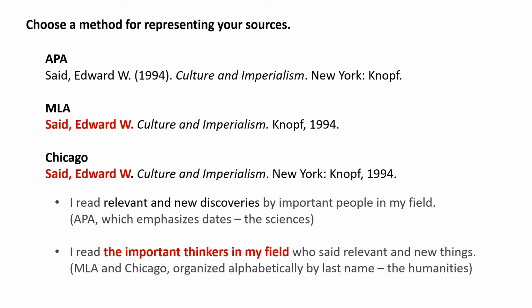The MLA and the Chicago both emphasize the author first, and the date comes at the end. In other words, I read the important thinkers in my field who said relevant and new things. So the MLA and the Chicago, which are organized alphabetically by last name, are often used by the humanities, and the Chicago is usually favored not by the scientists, but by the historians, and by historians of science.